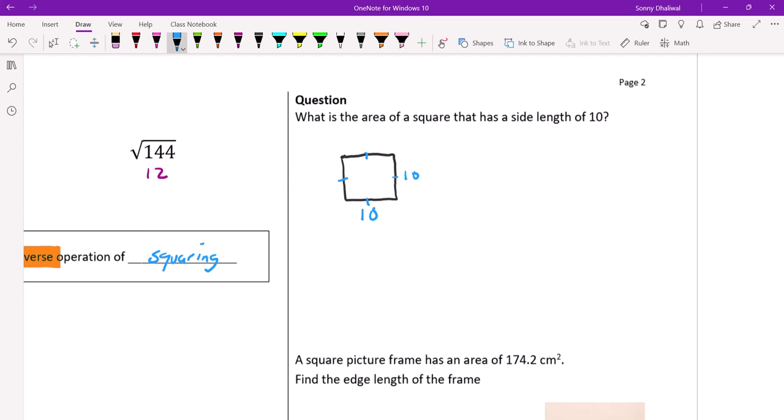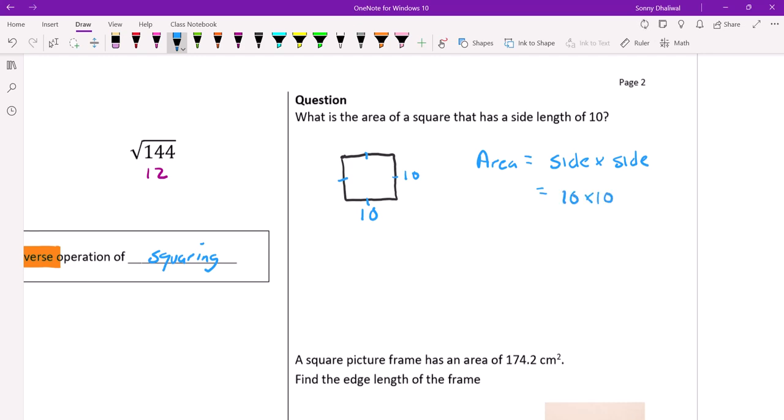Do you guys remember the formula for area of a square? It was like side times side. How about I just write down side times side for now? So in this particular case, that'd be 10 times 10.